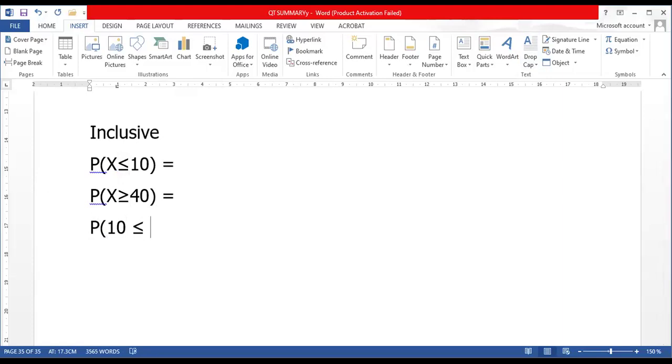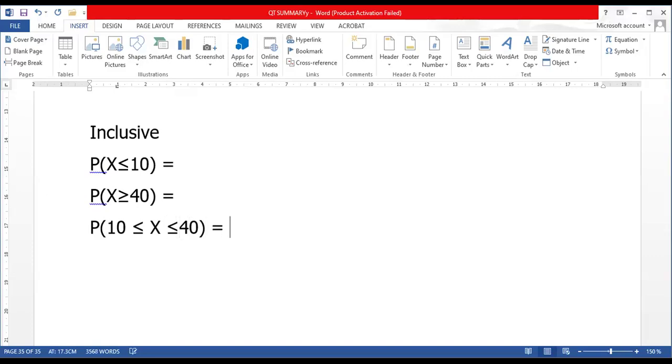He can add that word inclusive. So it becomes like this. If 10 and 40 are inclusive, it becomes like this.